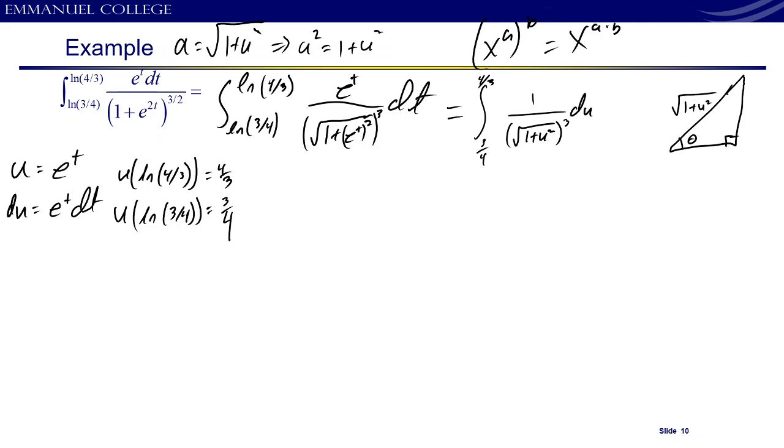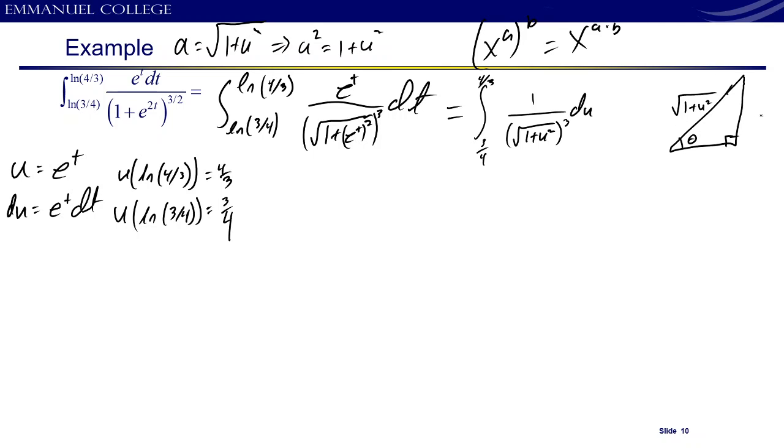The whole point of doing a trig substitution is trying to escape the square root of this weird thing. So in order to avoid that, let's use tangent. Looks like it's going to pop up the most because tangent's going to avoid this guy, the square root of 1 plus u squared.